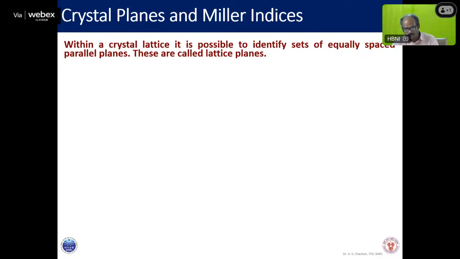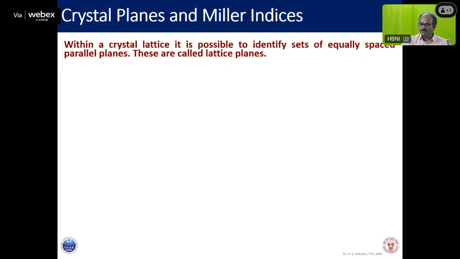There is one more thing which you must have seen at many places. There are different planes that we define in the crystal. So what are those planes? What is a lattice? As we saw earlier, a lattice is a collection of imaginary points which are ordered in a uniform fashion, and they fill the entire space.